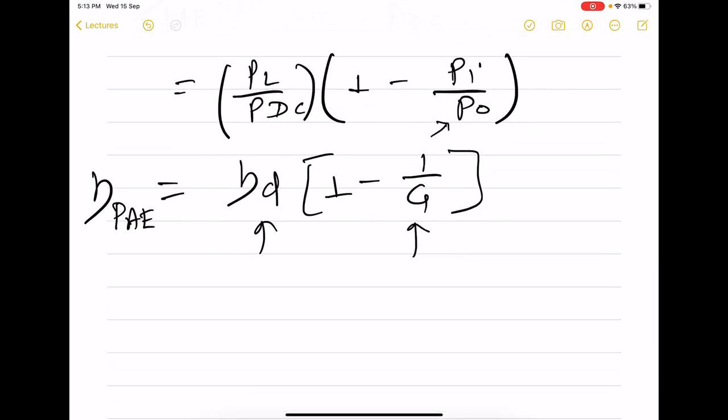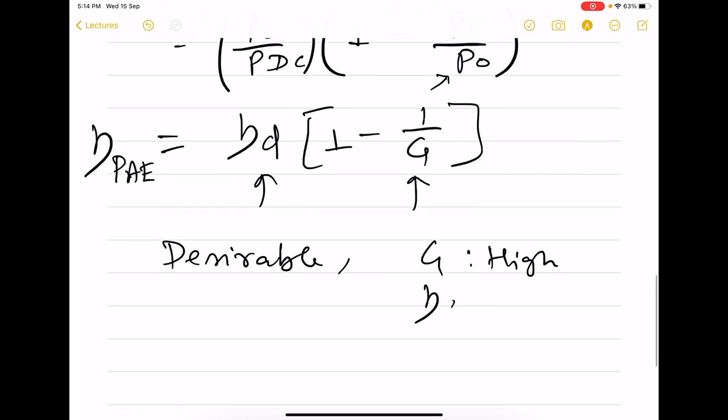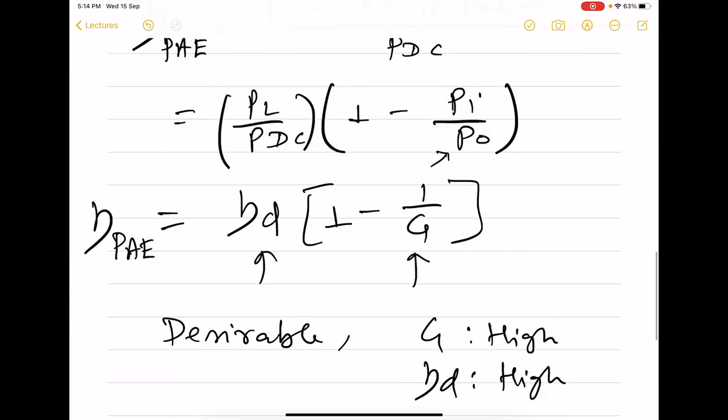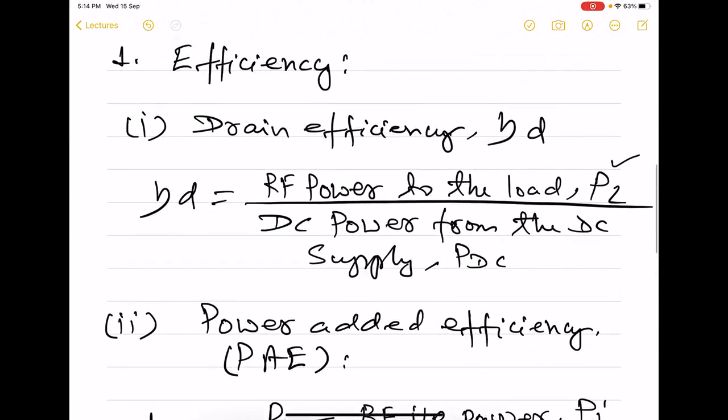And what is desirable? What we want is G to be high and eta D also to be high. So we want eta D to be high. That means a good amount of RF power to the load compared with the DC power.